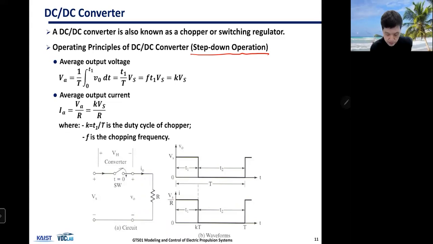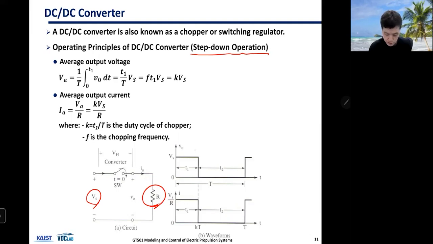So to explain the key idea of the DC-DC converter, let's say you have a load with some resistance R, and you have a DC power source. Then the output voltage experienced by this load can be modified by switching the circuit.